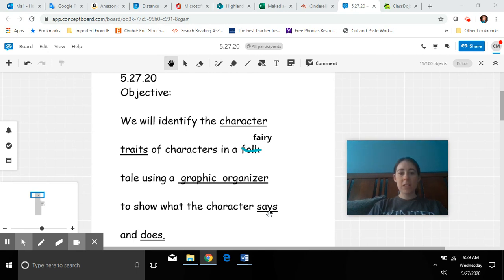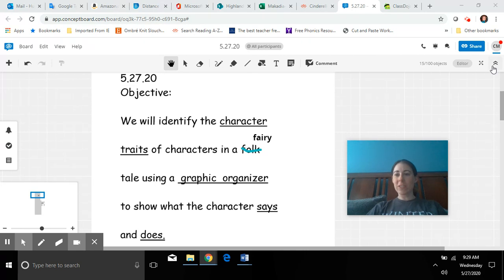All right, so let's practice together. I say, you say. We will identify the character traits of characters in a fairy tale using a graphic organizer to show what the character says and does.